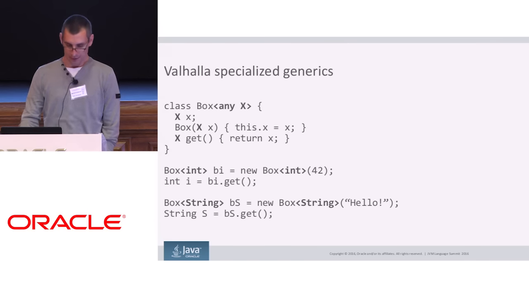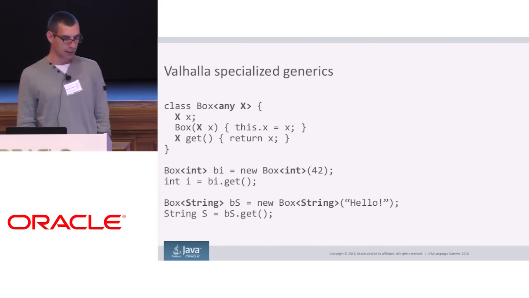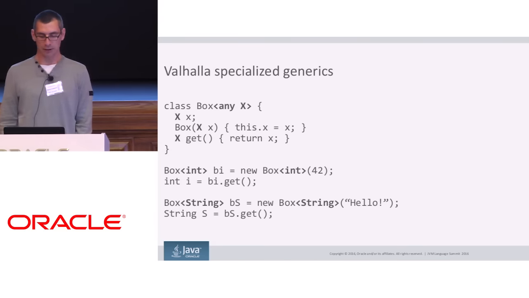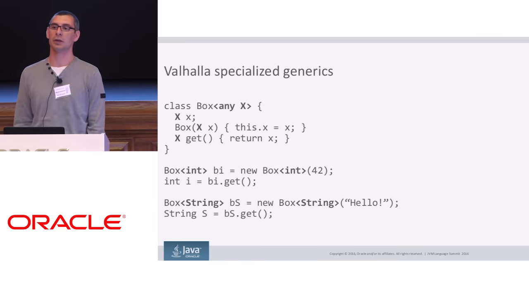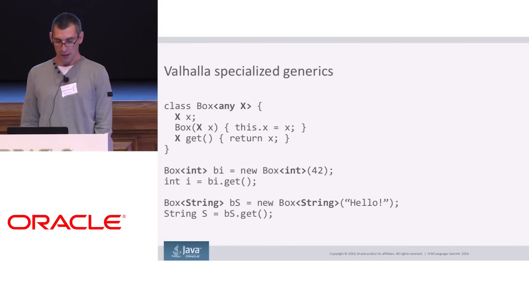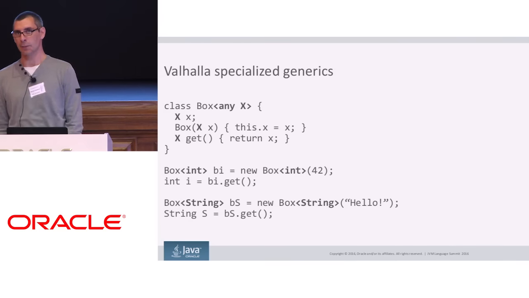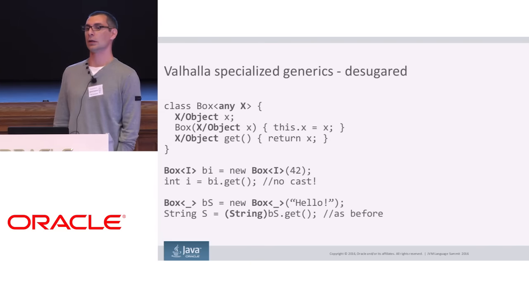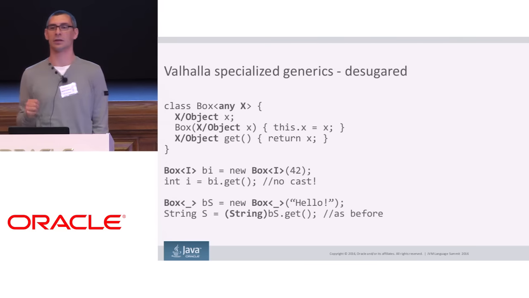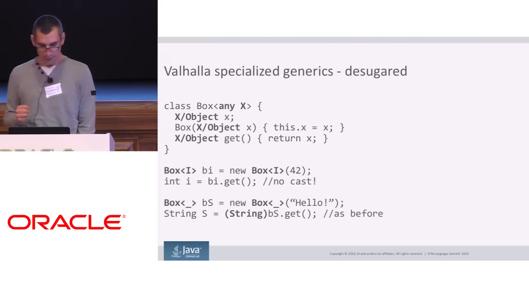Yeah, right. So with Valhalla, you can annotate a type variable with the any modifier, which means the type variable is anyfied. If a type variable is anyfied, the very cool thing, but also the bad thing, is that the type variable will actually stay available in the bytecode. So if you take a look at the javap output for this class file, you will actually see T's in there, which is actually pretty cool.